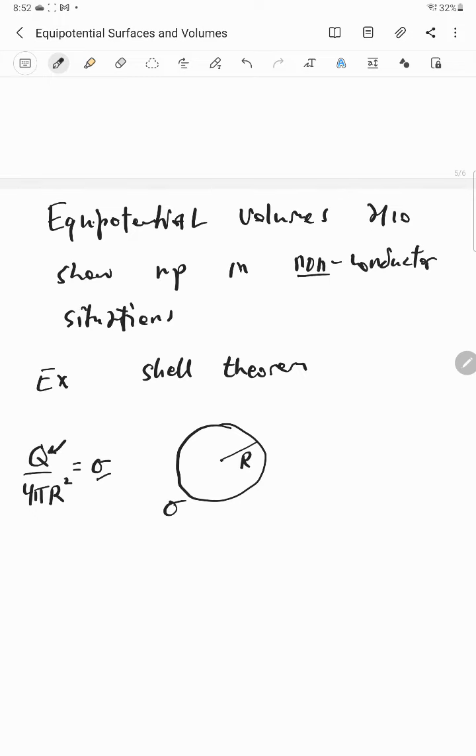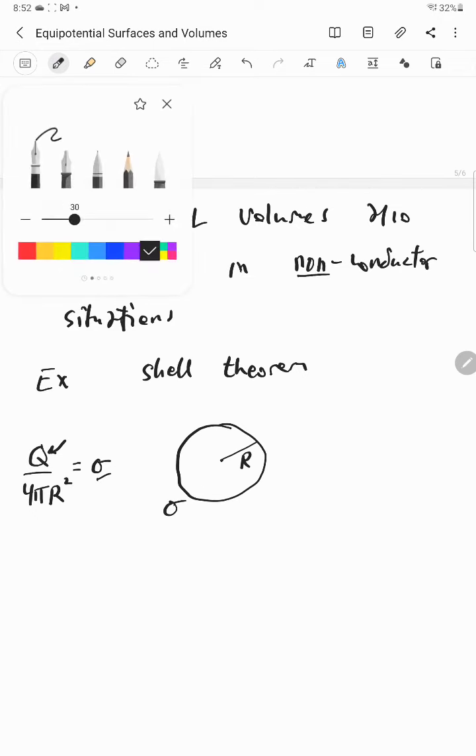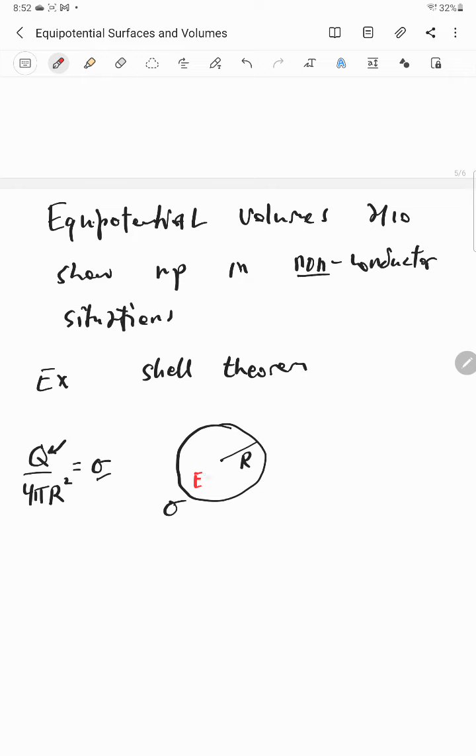And the shell theorem, remember, says that if you ask what's the electric field inside, the electric field inside anywhere, right, here or here or here or at the dead center, the electric field is simply 0 everywhere.